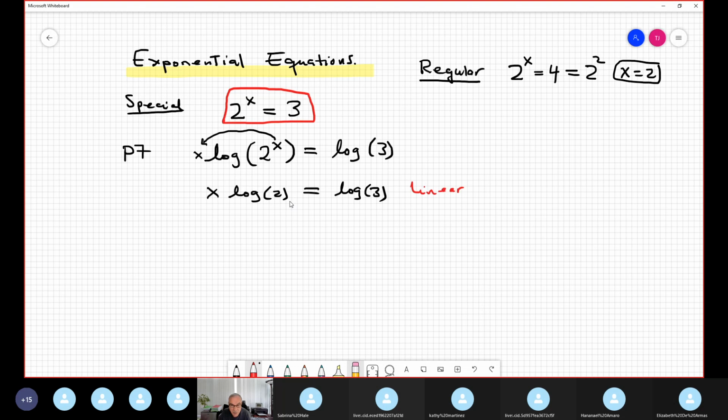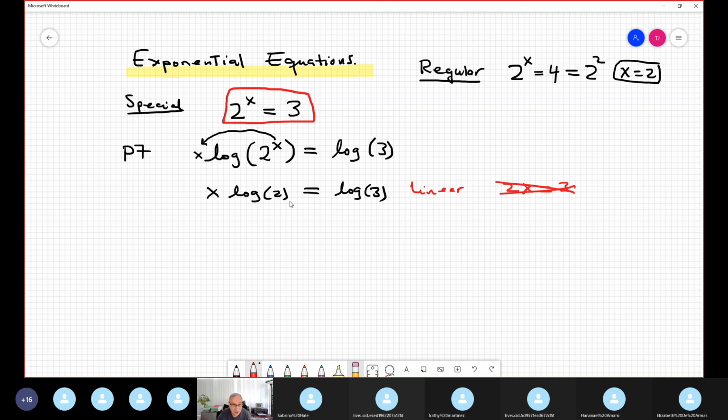Maybe the student is a little confused by the logarithm of 2, logarithm of 3, what the hell is that? No, suppose you omit the word log: 2x equals 3. This is a linear equation, yes or no? Absolutely, this and this are not the same, but logarithm of 2 and logarithm of 3 are just numbers that we can compute in the calculator.